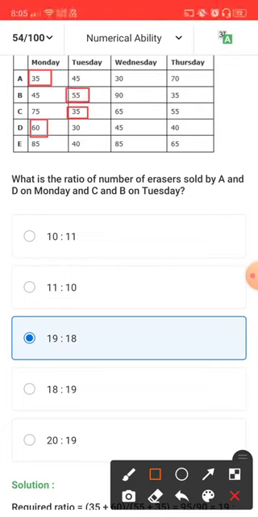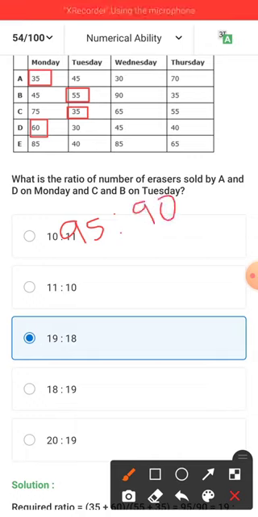So these are the values. So 35 plus 60 plus 35, 95, 35, 55, and 19. So it's like 19 is to 18.